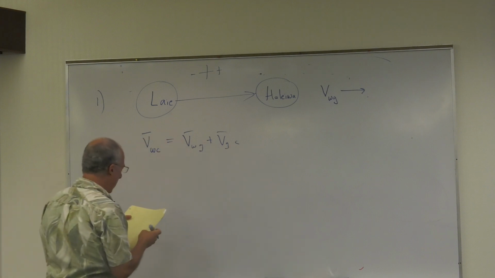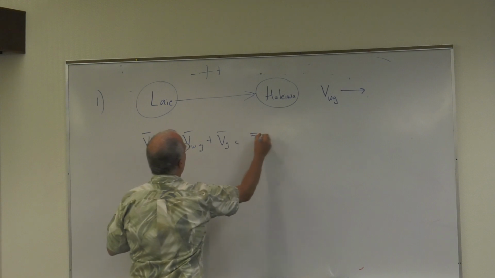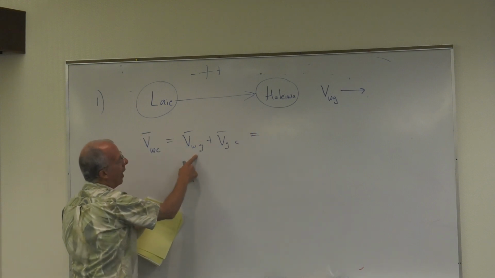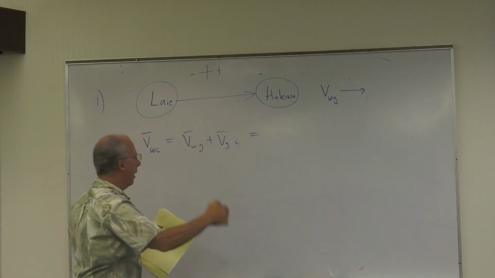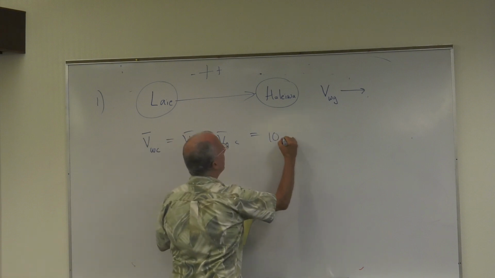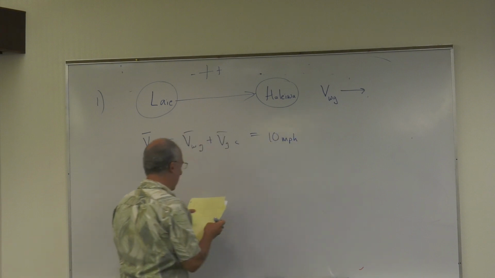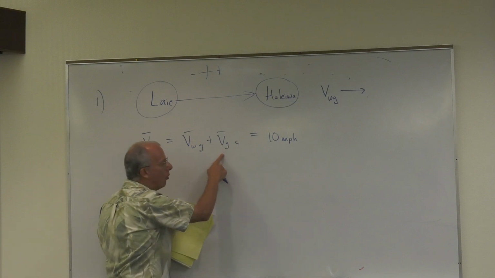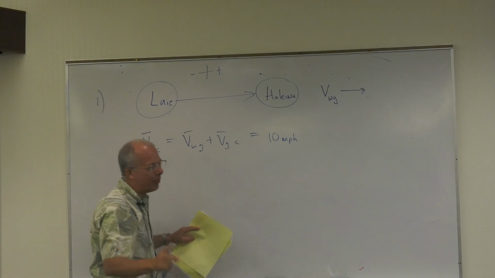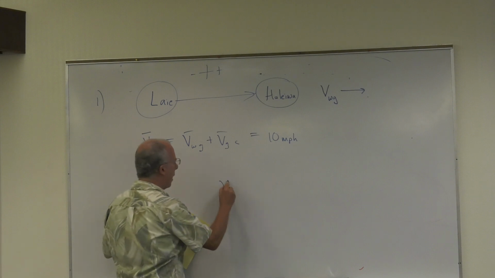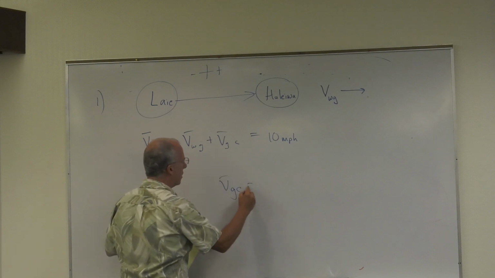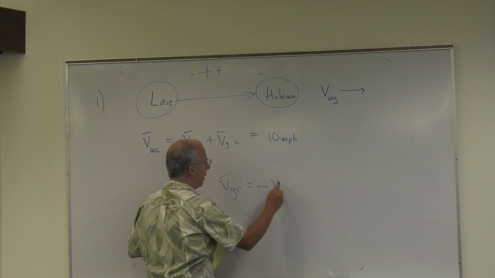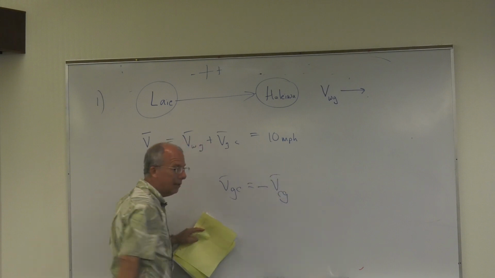All right. So, what's the velocity of the wind relative to the ground? We're going from Laie to Haleiwa, 10 miles per hour. Now here's the important thing. What's the velocity of the ground relative to the cyclist? Remember we talked about that. The velocity of the ground relative to the cyclist equals minus the velocity of the cyclist relative to the ground, right?